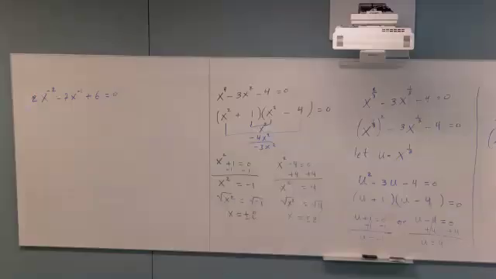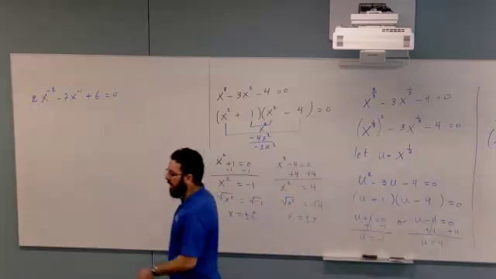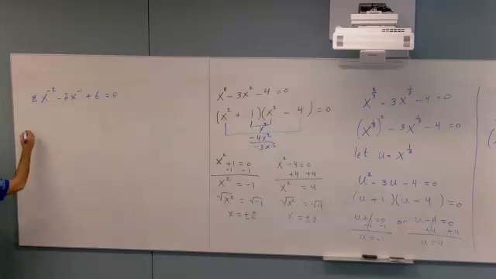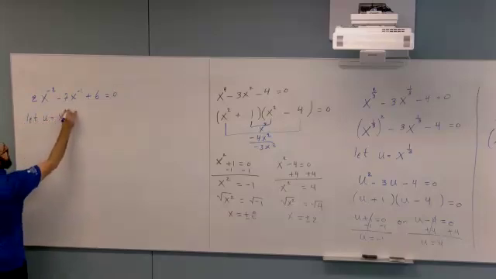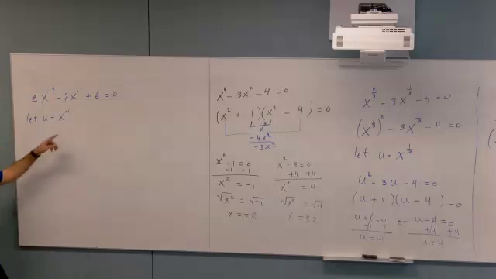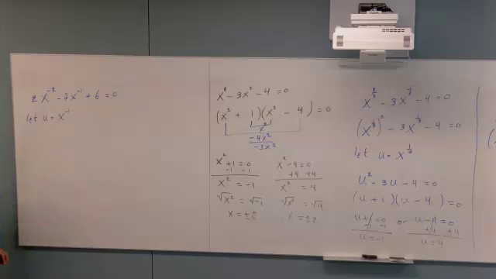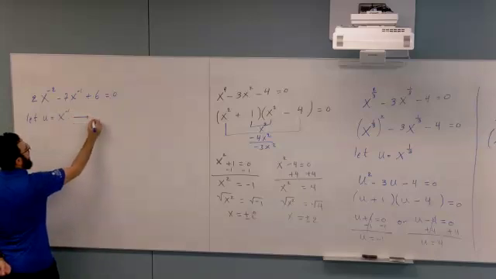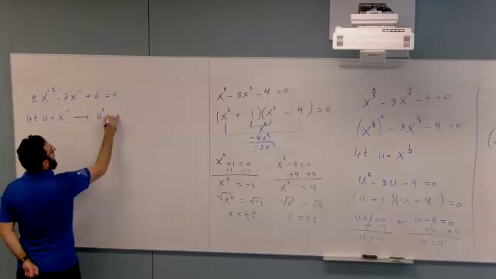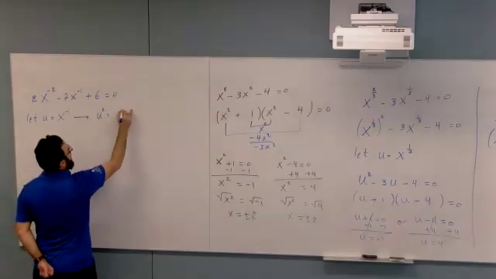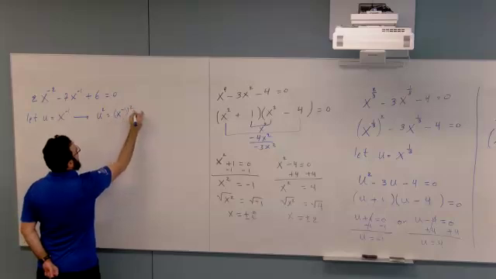What do you think? How are we going to solve this one? Same way? Can we do that? So you're going to let u equal what? x to the -1. Perfect. Always look to the middle term here. That's where you're going to assume the u. So that means u squared is going to be x to the -1 squared, right?